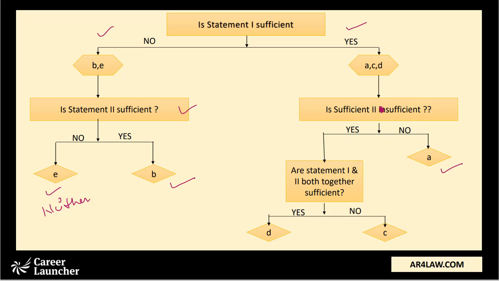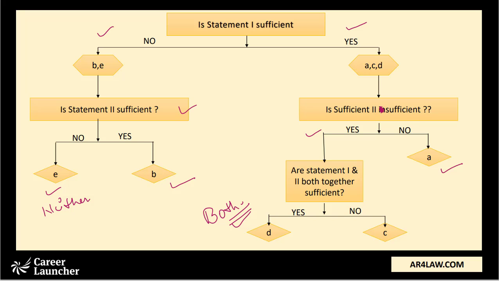If yes, if statement 2 also can lead us to an answer, then one more thing that we need to check is whether we need to combine the data in both the statements to get an answer. If yes, then we will mark D, which means both the statements are necessary to answer the question.